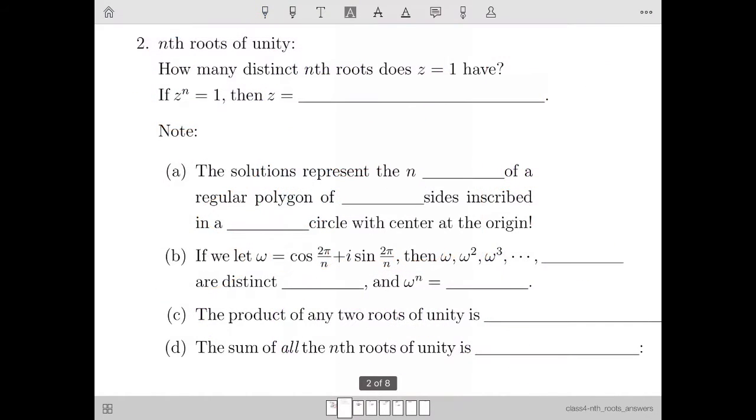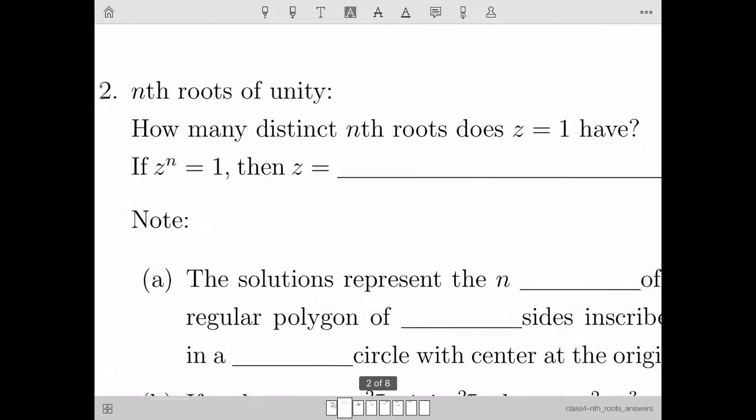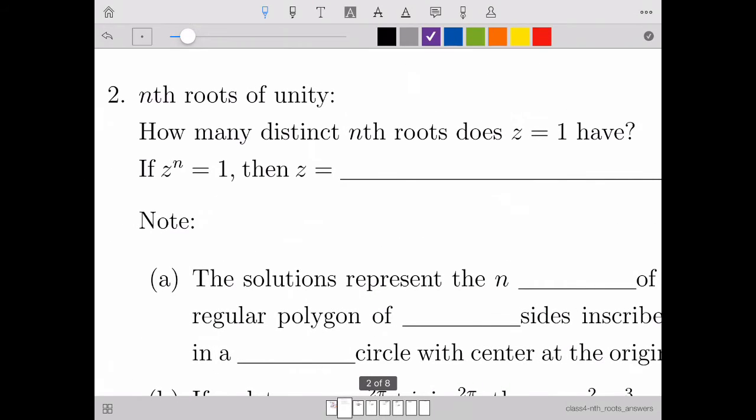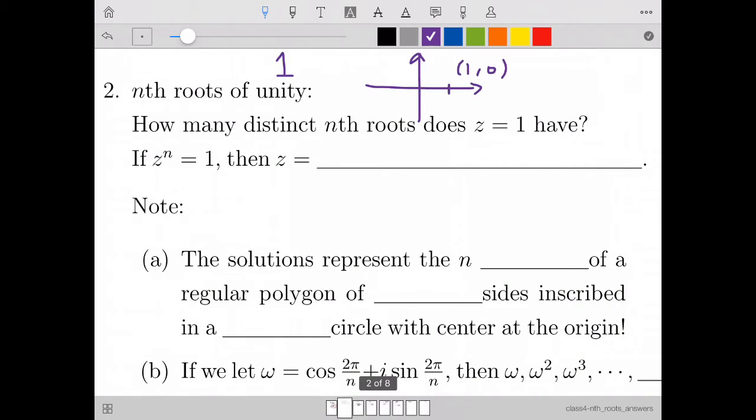Number 2, nth roots of unity. Unity meaning one unit in the complex plane. So this number 1, 0. Nth roots of unity. So how many distinct nth roots does z equals 1 have? So z0 equals 1.